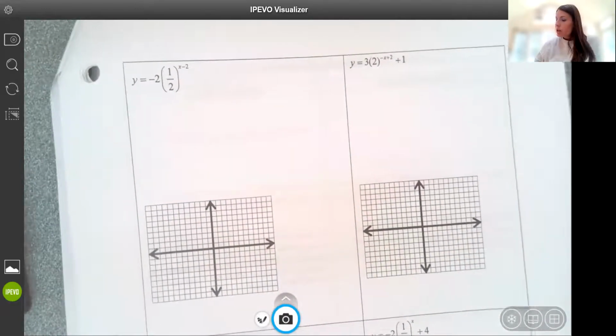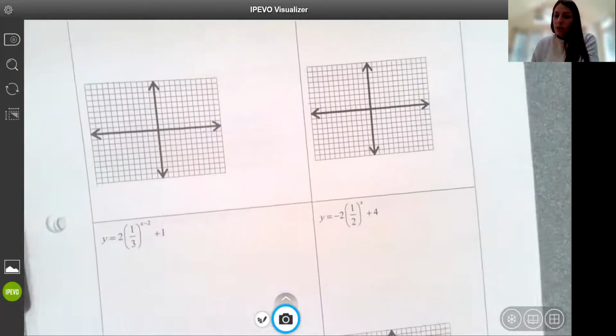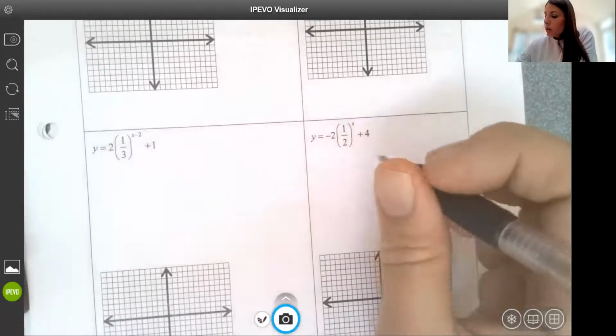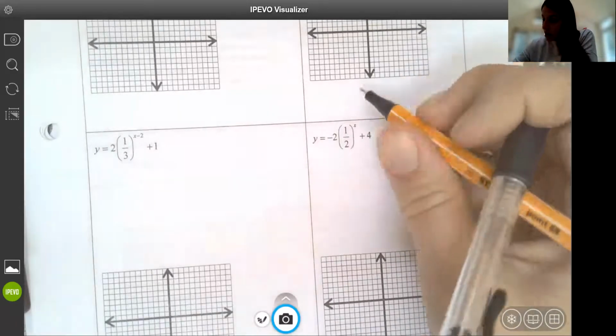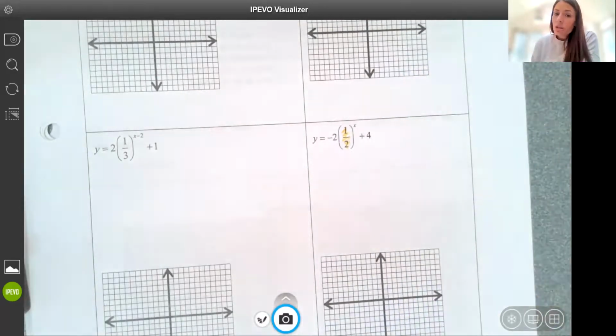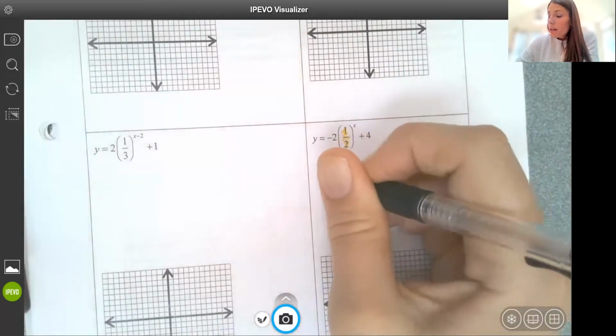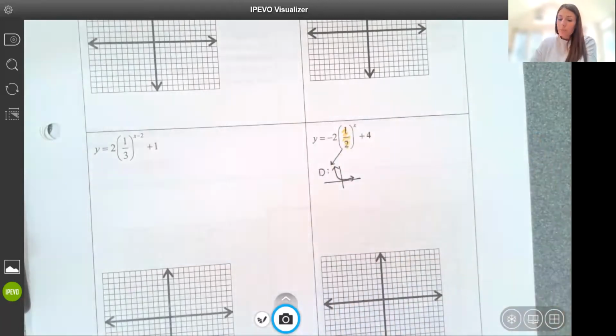I'm going to choose just one more to do with you. And I want to do the last one on this page, okay? So first, here's my base. So again, remember that number that's attached to that exponent, that's not doing any transformation, that's your base. Because now I have a value that's less than 1, that tells me that the shape of my graph is decay. But the other thing that I see here is a flip.